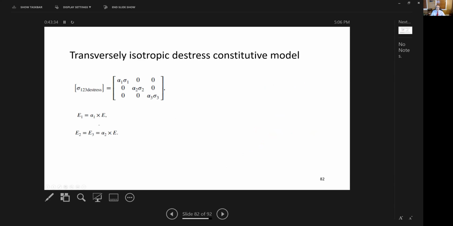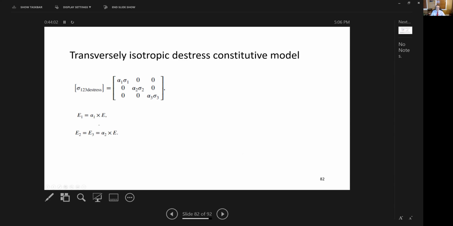So we decided to go to the transverse isotropic model suggested by Saharan. So we decided to go sigma 1, sigma 2, sigma 3, creating alpha 1, alpha 2, alpha 3. But we decided to simplify it a little bit. So sigma 1 will create alpha 1. However, in the plane perpendicular to the major principal axis, we can say that E2 and E3 are equal.